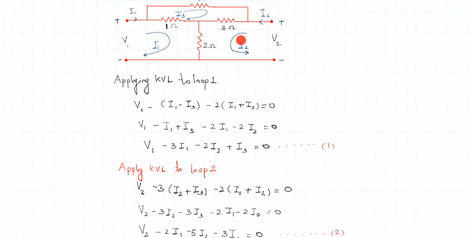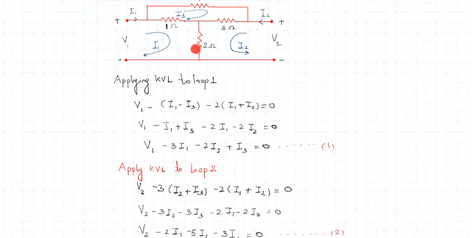As we are in loop 2, I2 is the primary current and we observe that both the currents through the 3 ohm resistor are in the same direction and therefore it is a sum of the two currents, I2 plus I3, right? So the voltage across the 3 ohm resistor is minus 3 into I2 plus I3.